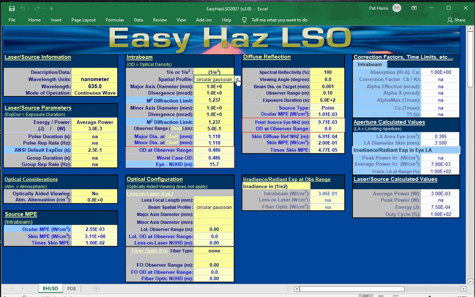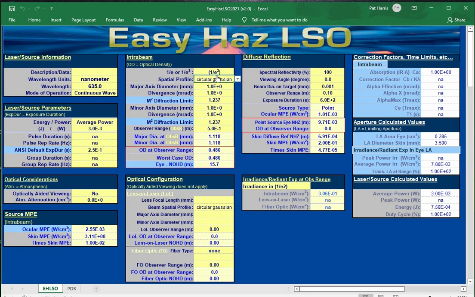I could do the same thing here, but if I just say, well, this is an elliptical top hat, you'll notice that the NOHD drops a little bit because it being a top hat beam, we don't have that peak irradiance in the center as compared to a little further out on the edges of the beam. Okay. That's really a discussion for later on about how that works, but I just thought I'd show you that. Gaussian always gives you a more conservative result along with 1 over e squared.